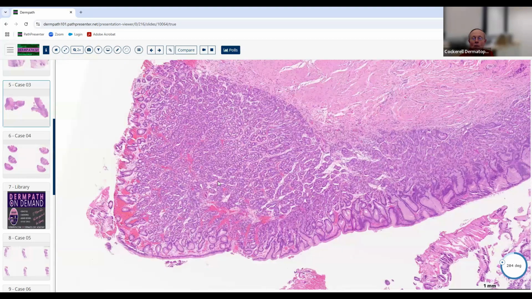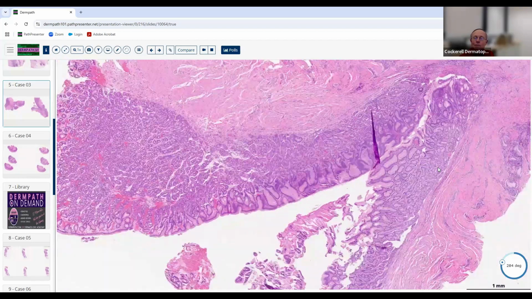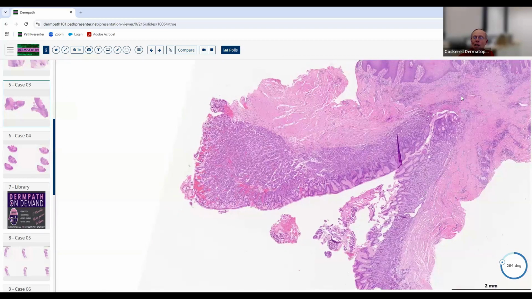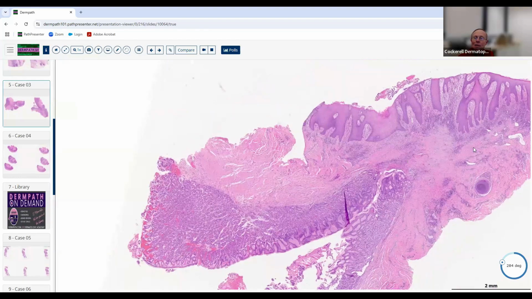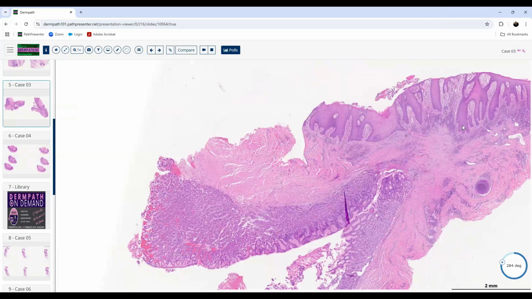Good. So where in the body do you get this kind of phenomenon? In our field, if this were in the esophagus, you might think, oh, Barrett's esophagus, where you get GI mucosa kind of going up and replacing the stratified squamous epithelium of the esophagus. But we're not in the esophagus.